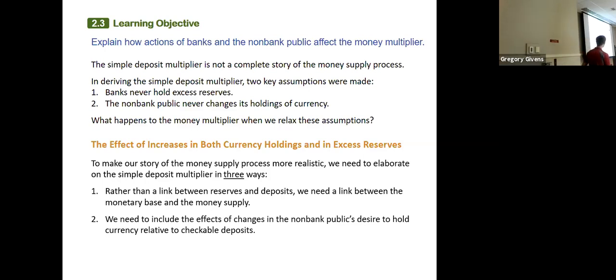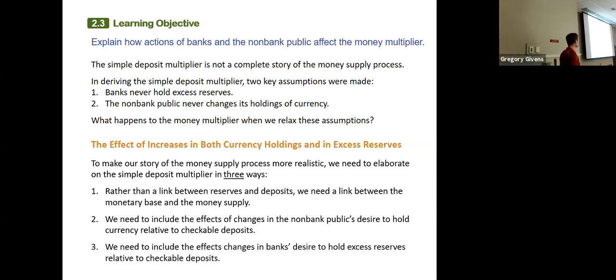We also want to include in our money multiplier formula the effects of changes in the public's desire to hold currency relative to checkable deposits. Let's account for that behavior, that people actually want to hold some currency and not all of their money in the form of checking account balances. And we need to recognize, by the way, that our desire to hold currency might actually change if economic conditions start to change. It need not be stable over time.